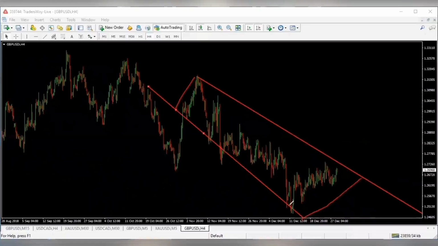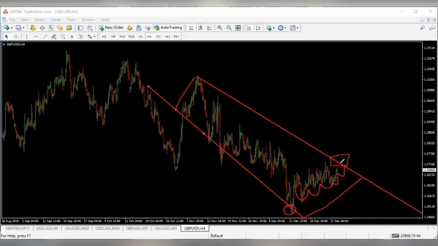As you can see, price came from the support trend line underneath, consolidating on a buy, going towards this resistant trend line. When price does reach this resistant trend line, it has a major decision to make.